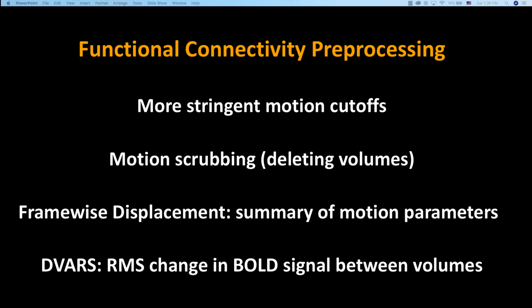For the CONN toolbox, it's a really good way to generate these frame-wise displacement metrics and use them to flag certain volumes for insertion into the design matrix. Common cutoffs are about 0.2 of a millimeter, frame to frame. Some people think even that is too generous, and they prefer to tighten it up even further.